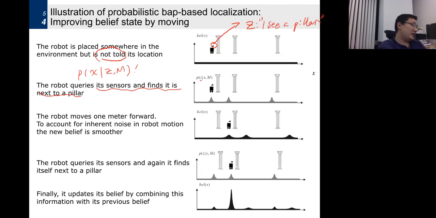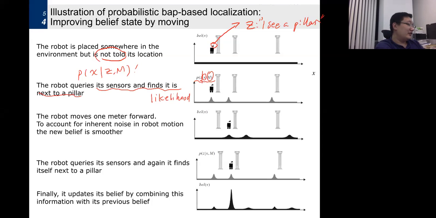So we use causal reasoning, which means we build a likelihood model. What is a likelihood? If I know the map and I know my location X, what is the probability of Z, that is, of seeing a pillar?